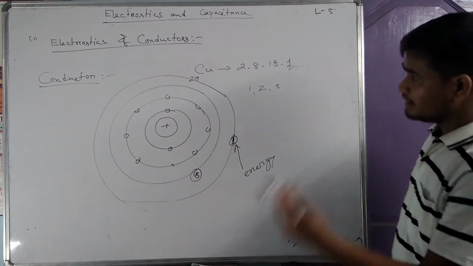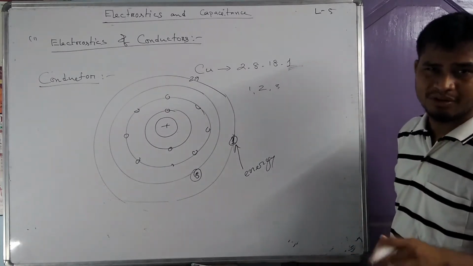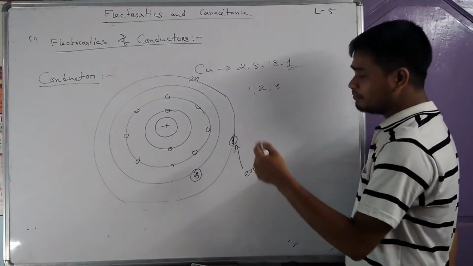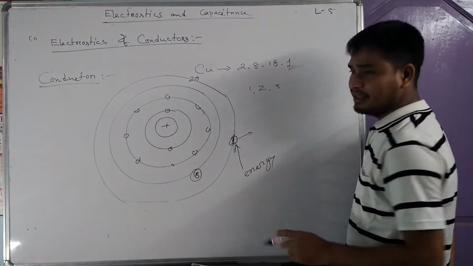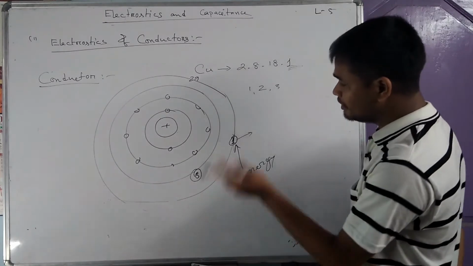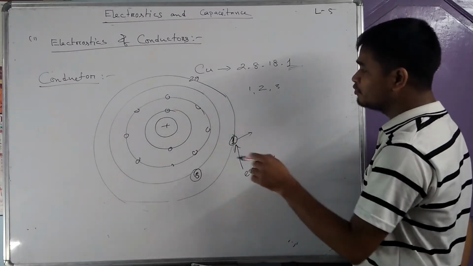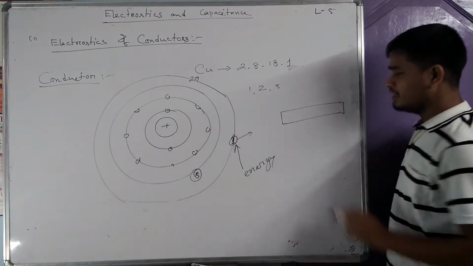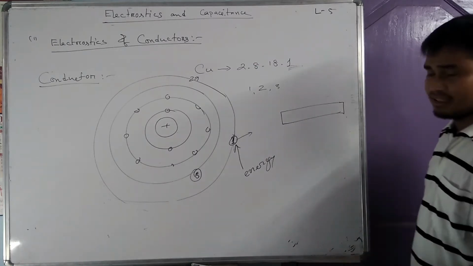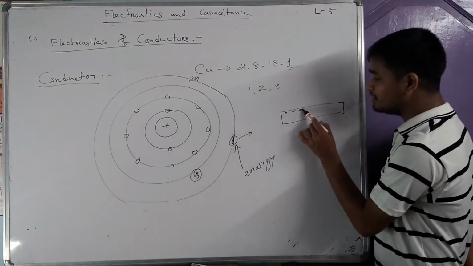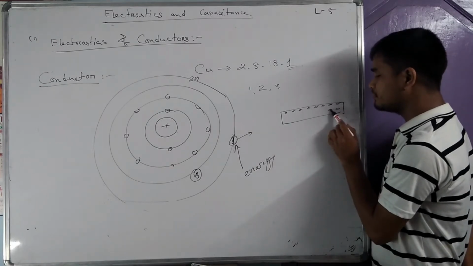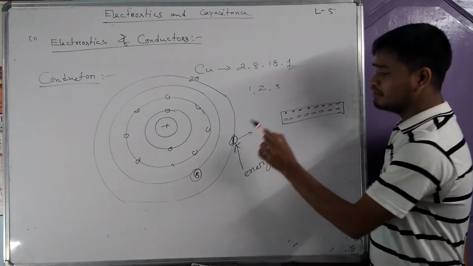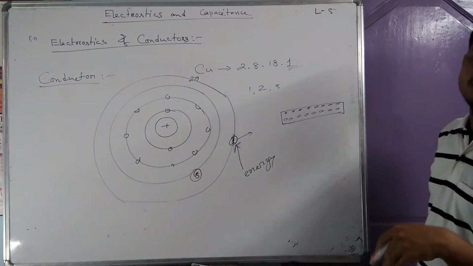Basically in conductors, at normal or room temperature, that much energy is there. With that much energy, this electron is removed from this shell and moves here and there in the conductor. Let us consider this is a copper wire, that is a conductor. There are lots of copper atoms, and every copper atom has 1 electron in its outermost shell.